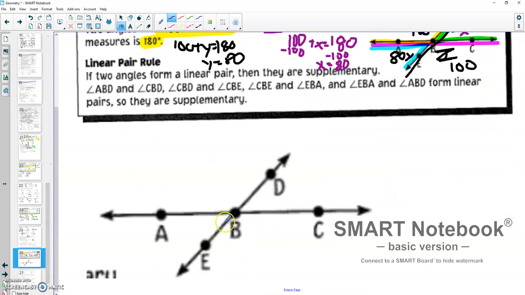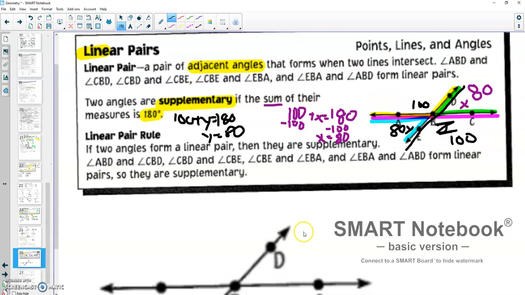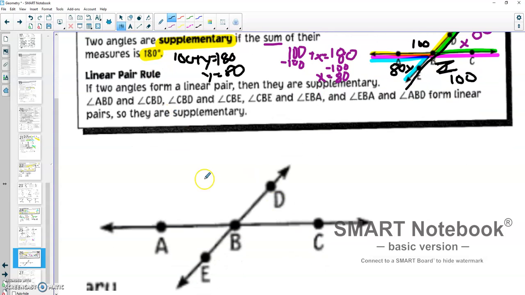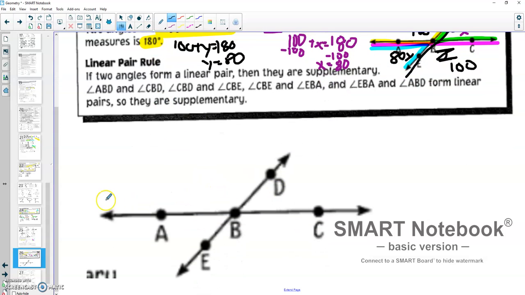Okay. Now, this is the same exact figure, and we'll do a little more, okay? Because what happens here is if you are given a question like this, a problem, and they say, what is EBC linear to?